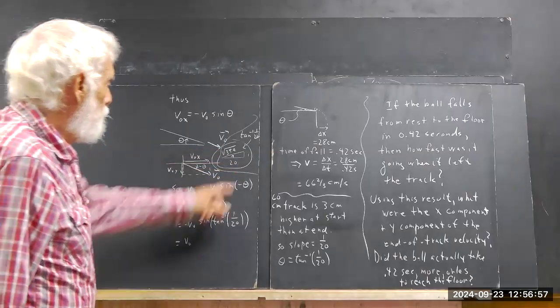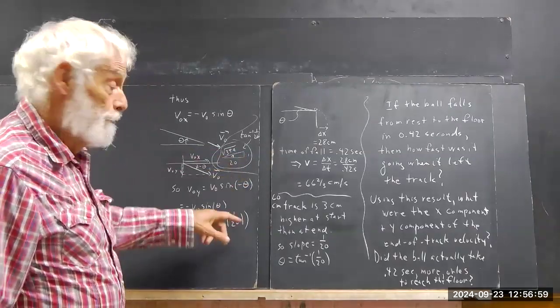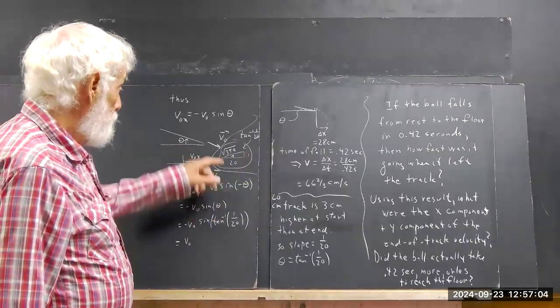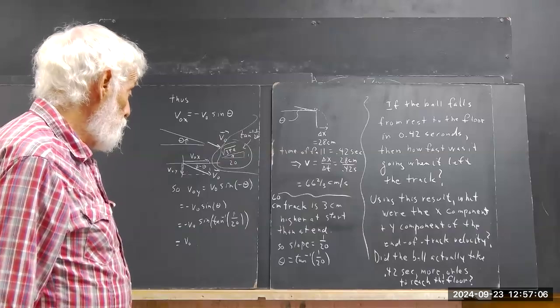Draw a right triangle with a rise of 1 and a run of 20, opposite side of 1, adjacent side of 20. Use the Pythagorean theorem, and find that the hypotenuse is the square root of 399.